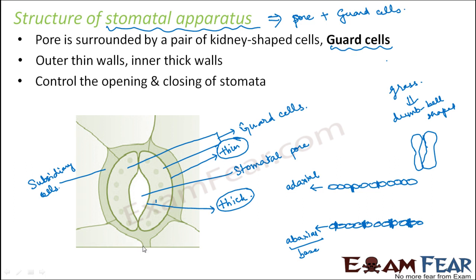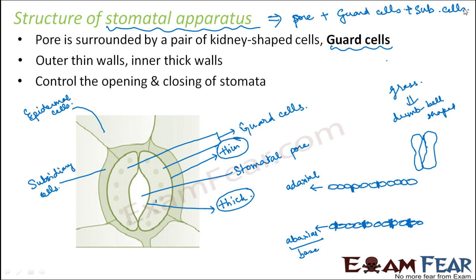This one, this light green colored structure, is just outside the guard cells. And outside this, these cells are nothing but the epidermal cells. So this entire set of things together forms the stomatal apparatus.